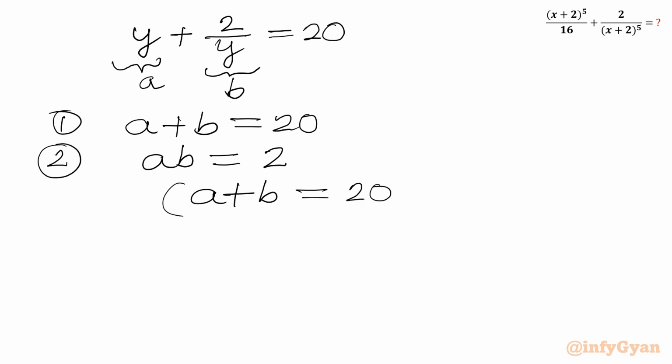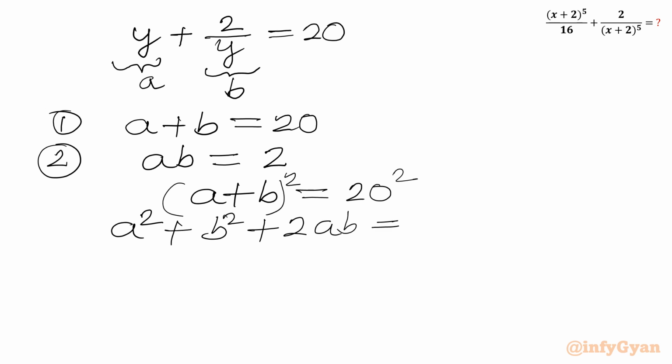Consider squaring both sides. So we can use the algebraic identity (a plus b) whole square as a square plus b square plus 2 times ab equal to 20 square, 400.